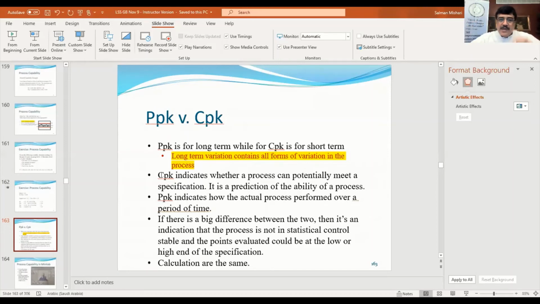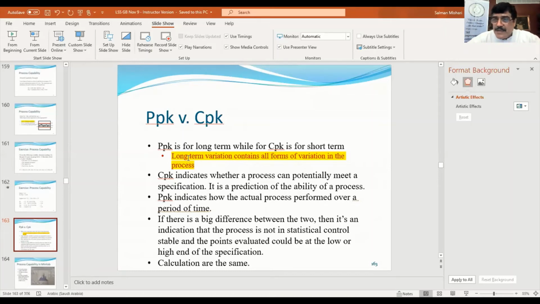The PPK is for long term, the CPK is for short term, and long-term variation contains all forms of variation in the process, while CPK indicates whether the process can actually potentially meet your specification.